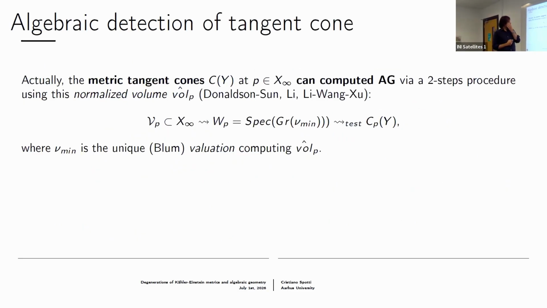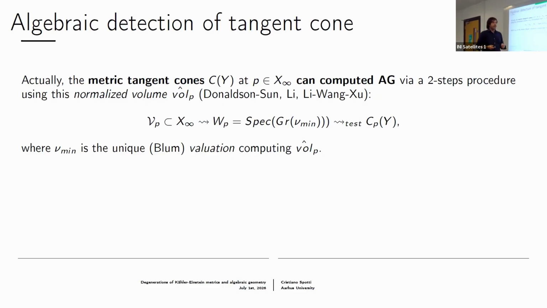But this normalized volume is not just important for this, it's actually important even for computing the metric tangent cone. It turns out there is a function defined on what is called the non-Archimedean link of the singularity, which is basically the space of valuations centered at this singular point.